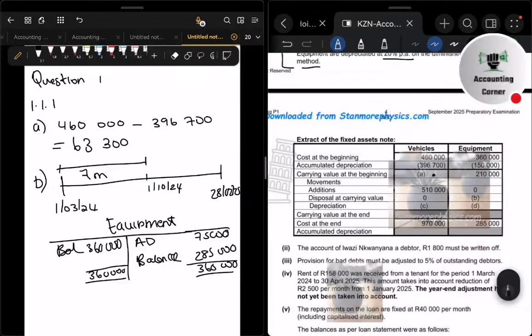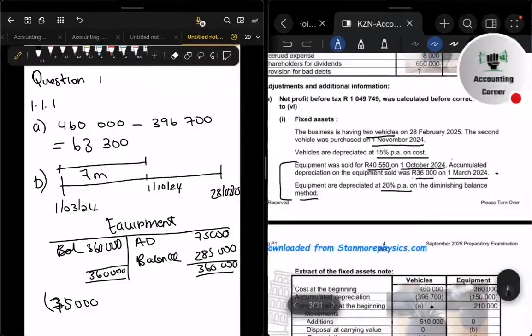Now we have our cost at the beginning, we can then calculate our depreciation. So we say 75,000, which is the cost of the asset we disposed of, minus its accumulated depreciation at the beginning of 36,000, multiplied by the depreciation rate of 20%, multiplied by 7 over 12 months.